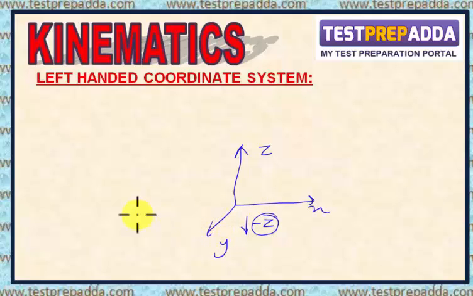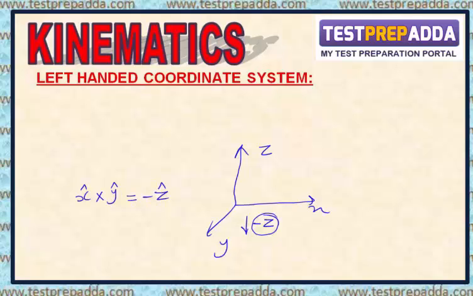Mathematically, if you want to find, then here the cross product of these two unit vectors will be equal to minus z cap. So this way we check whether given system is left-handed coordinate system or not.